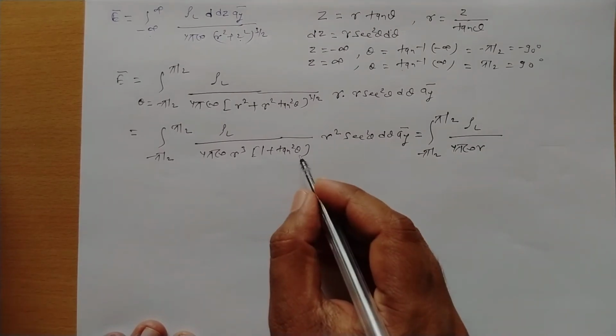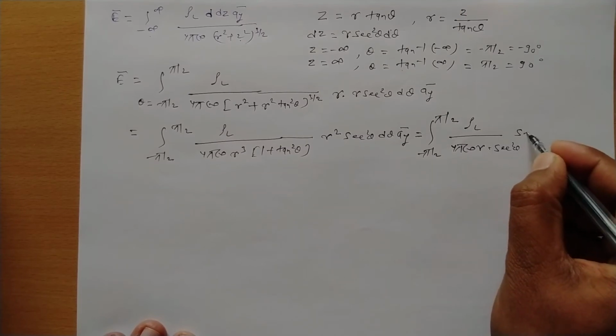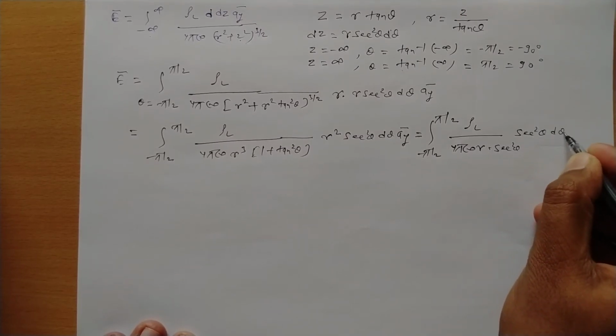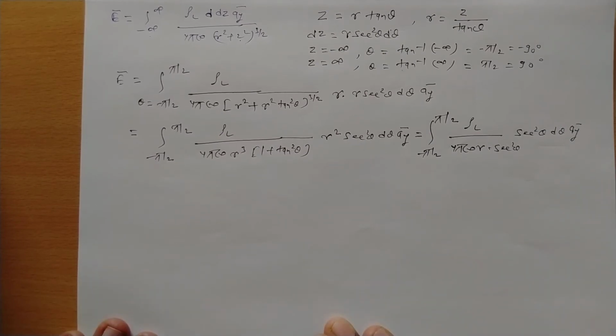And this 1 plus tan squared theta gives what? Sec squared theta. Here sec squared theta d theta, and this is ay, right?